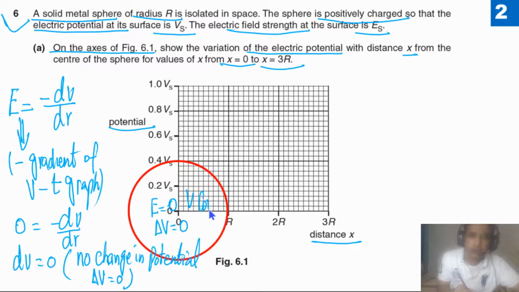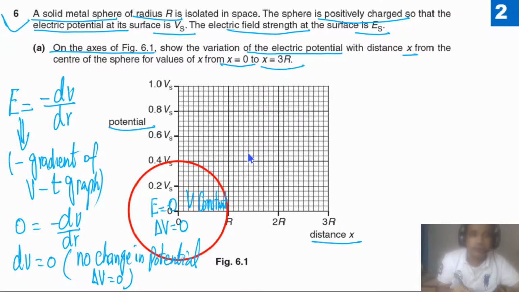So V remains constant inside the sphere. Electric field inside any metal sphere is 0, whether the metal sphere is solid or hollow, because charges will be equally distributed at the surface and they will cancel each other's electric field.